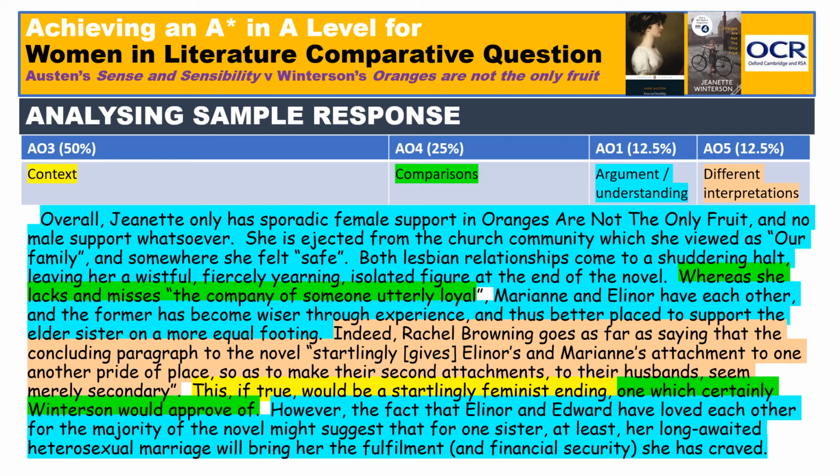I argue against the rather silly idea that one single paragraph towards the end of the novel suggests that a female relationship will somehow be more significant than 2 new marriages and all that these entail. I've also managed to include a skillful, seamless comparison between Jeanette's wild, isolated loneliness and Eleanor and Marianne, whose relationship is now stronger than ever.